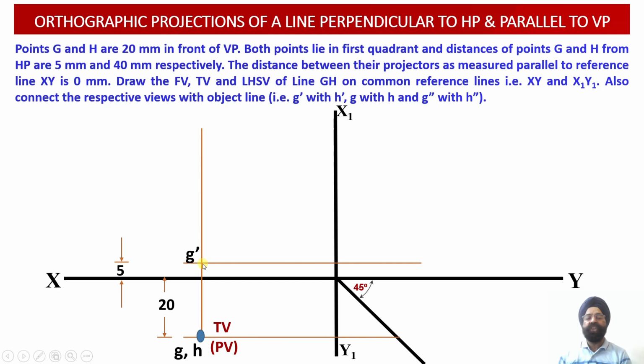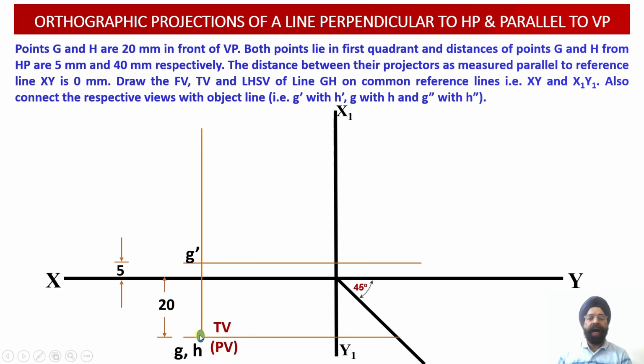We can see G dash has been located 5 millimeter above the XY reference line. Similarly, point H has a distance of 40 millimeter above the horizontal plane, so on the same vertical projector line above, the point H dash will be located.